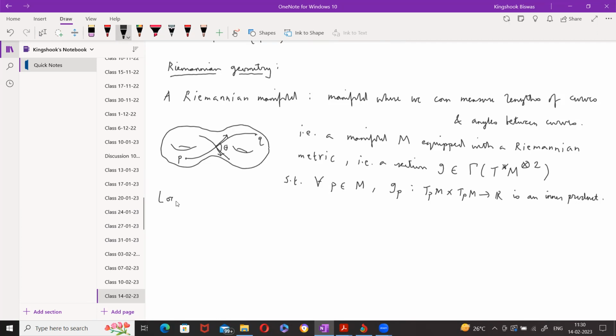If I have local coordinates, say phi equal to x1 to xn, then I have a basis of the tangent space, del del x1 up to del del xn.